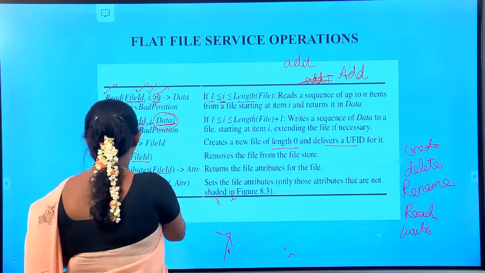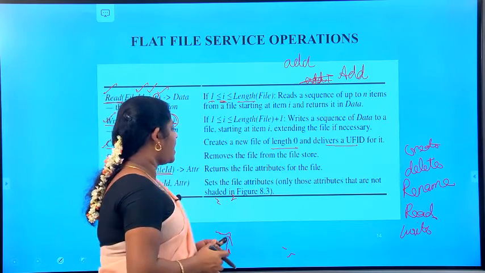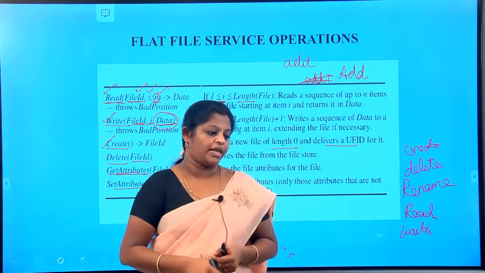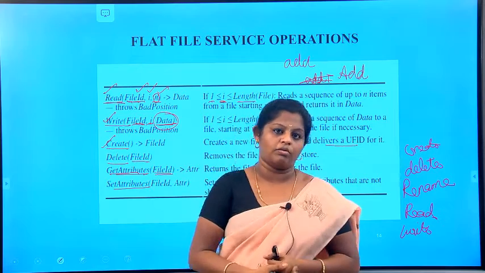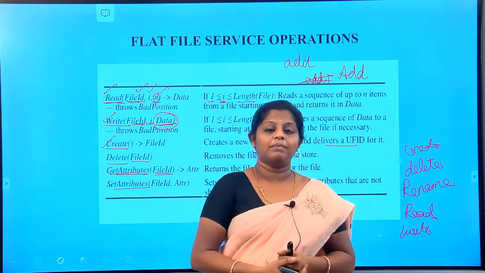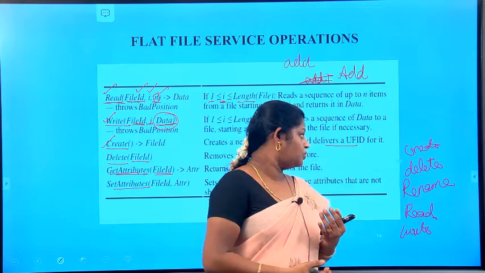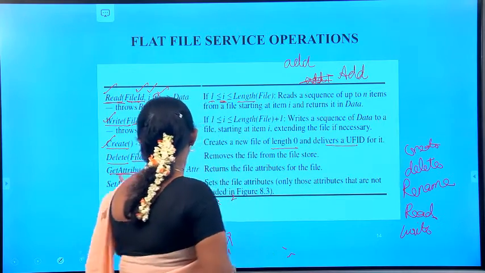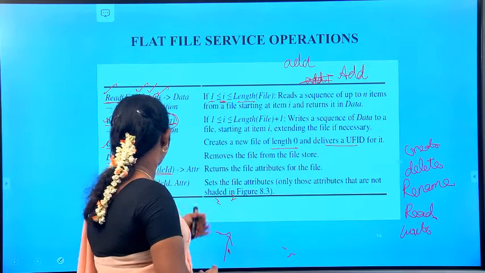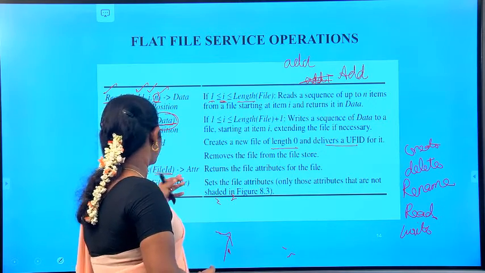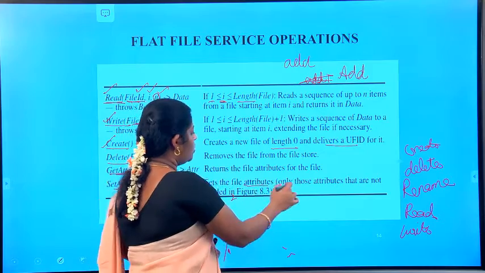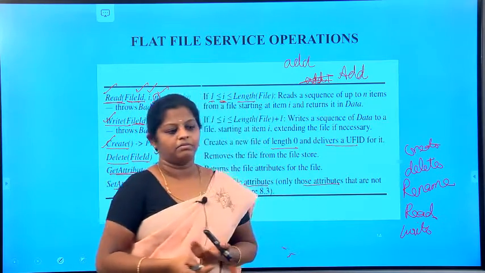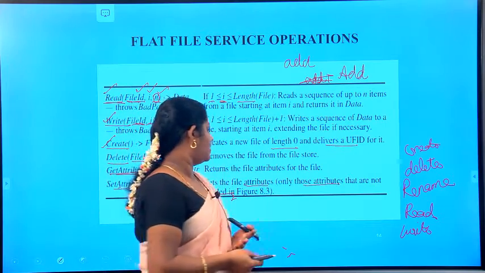And the next one is get attributes. It returns the file attributes for the file. What do you mean by get attributes and set attributes? It enables the clients to access the attribute record. Okay, so this is going to get the attributes from the particular file, and this is going to set the file attributes, only those attributes that are not shaded, normally available to any client that is allowed to read the file.